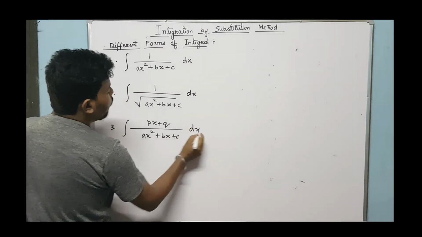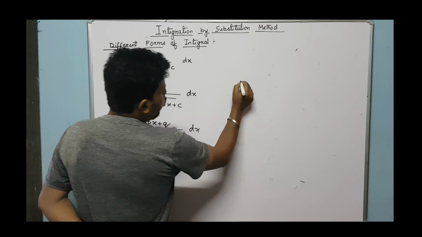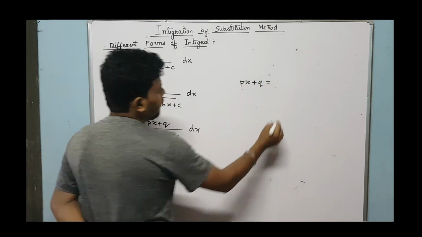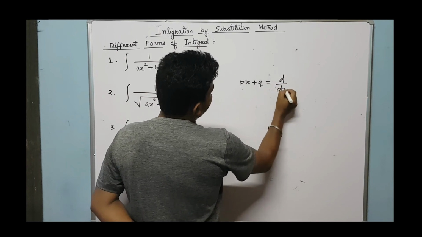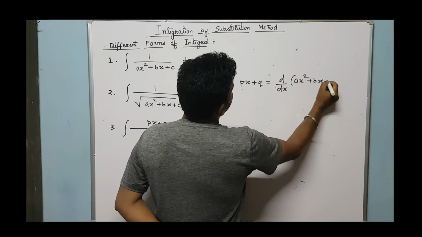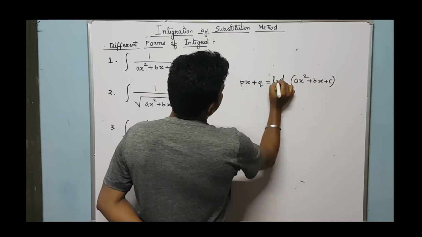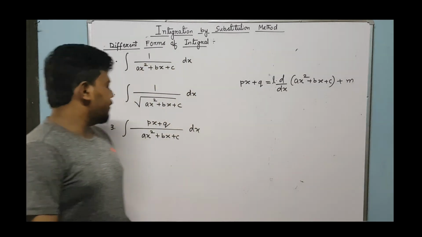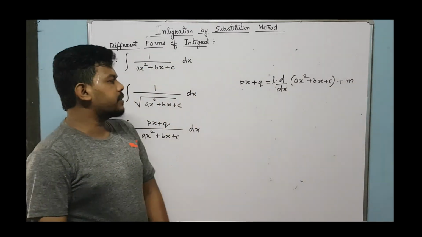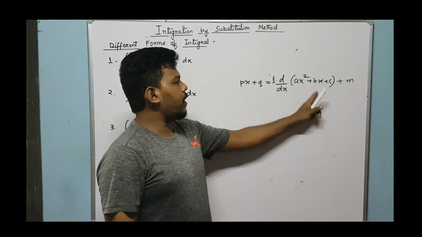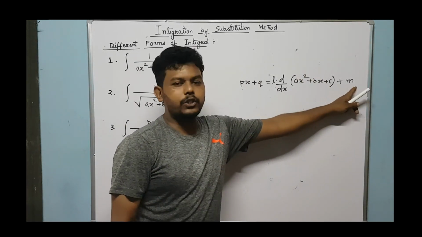In this kind of form, we express px plus q as l into derivative of ax square plus bx plus c plus a constant m. I repeat, in this kind of form, we express px plus q as l into derivative of ax square plus bx plus c plus a constant m.